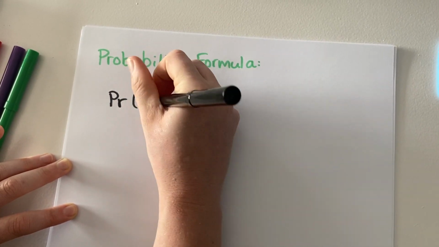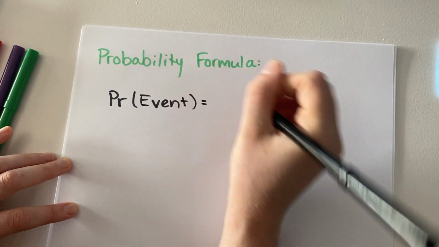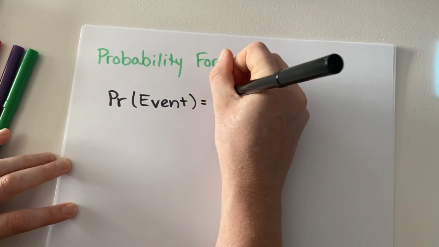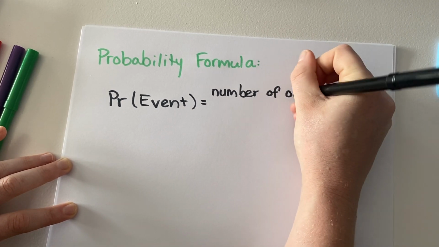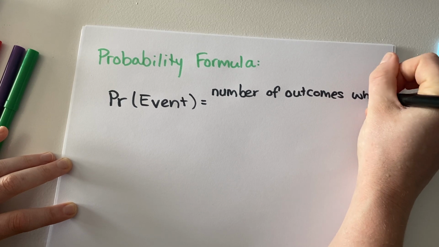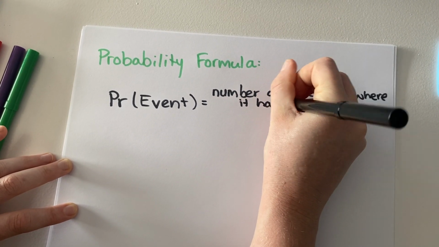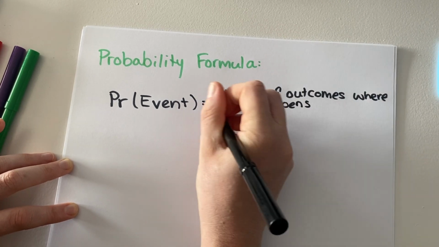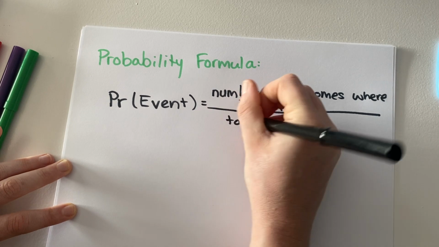The event. So the event is whatever we're looking at. Equals, and we're going to go number of outcomes where it happens, over total outcomes.